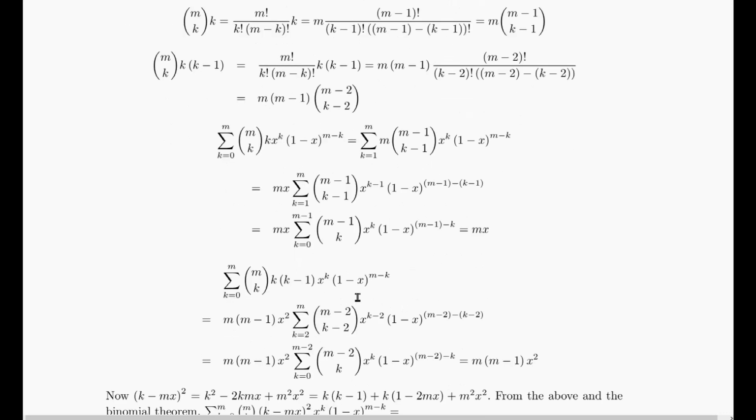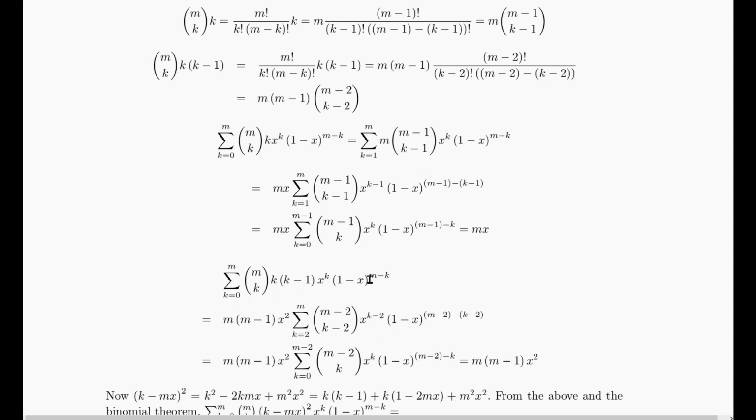Now let's look at this one. For this one, I'm going to use this formula. So I use it, and I factor out an x squared from the x to the k. And the sum, of course, starts from 2 and goes up to m, because k equals 0 and k equals 1 just give you 0 here.